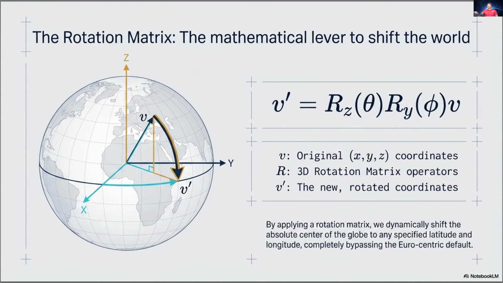R is not radius. Okay. Vector, run the new rotating coordinates. By applying rotation matrices, we dynamically shift the absolute center of the globe to any specific latitude and longitude, completely bypassing the Euro-centric default.